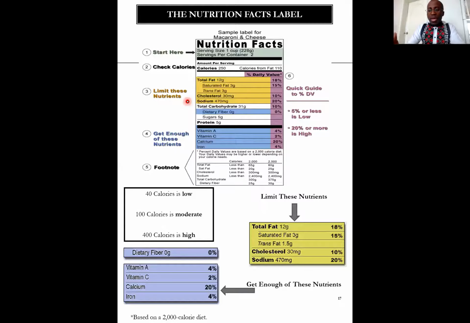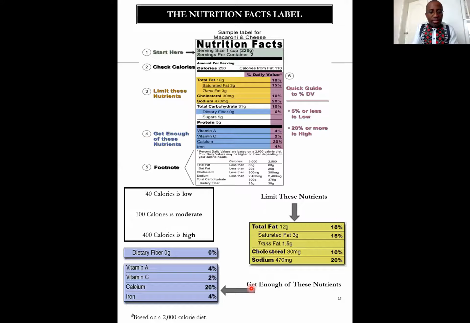And we talk about daily value for sodium and dietary reference intake for sodium. It is different. Okay? So, number 4, it tells you get enough of this nutrient. They want you to eat a lot of vitamin, a lot of calcium, a lot of iron.